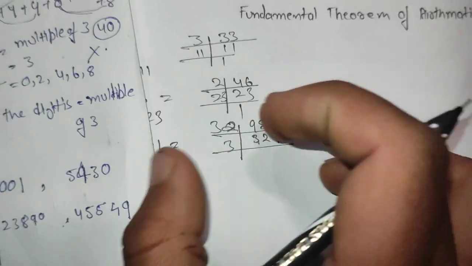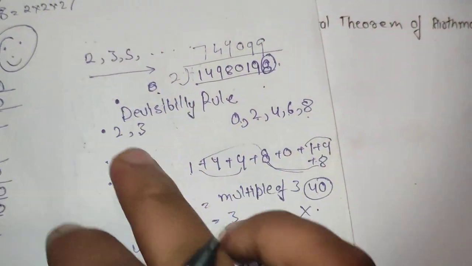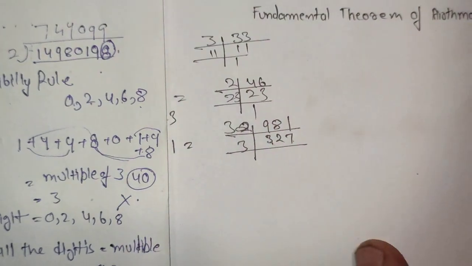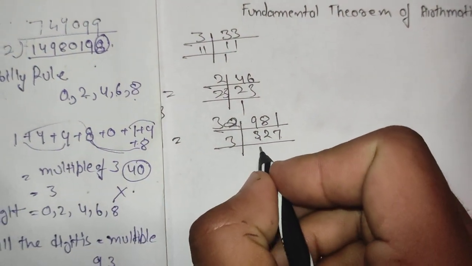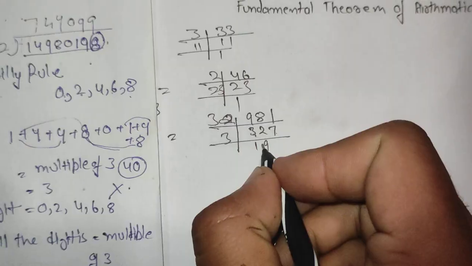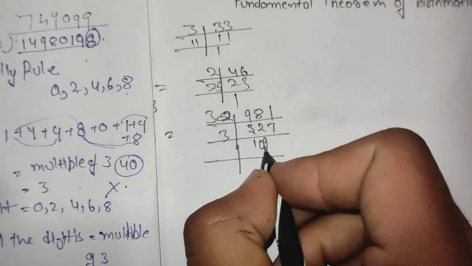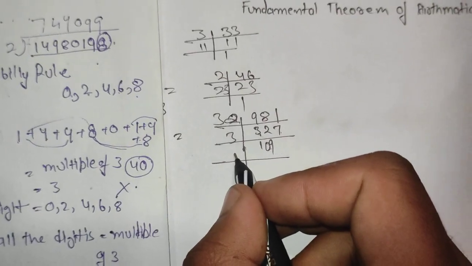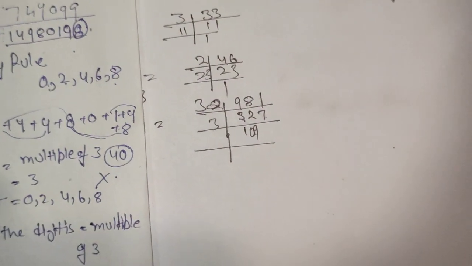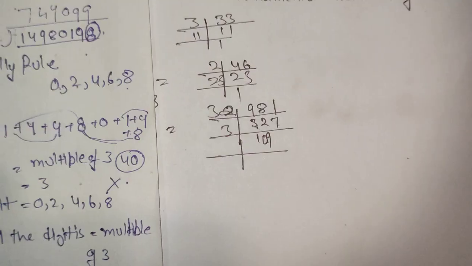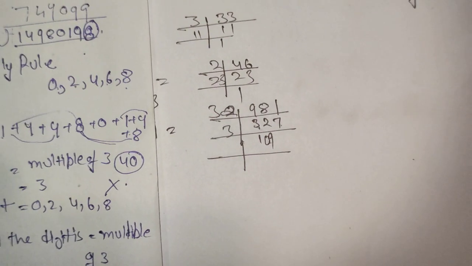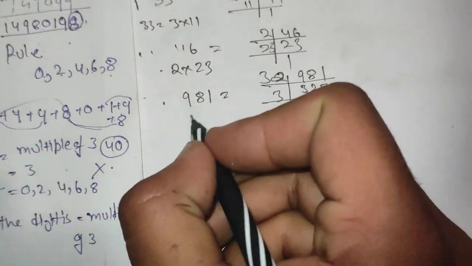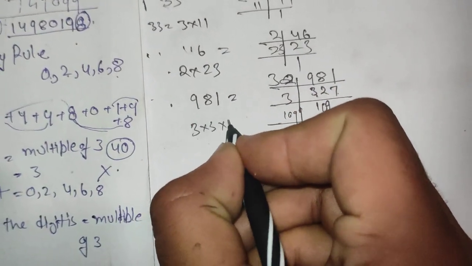That's why I explained the concept of the divisibility rule of 2 and 3, because here we can directly use the number 3. Similarly 3 ones are 3, 3 times 109 is 327, and now this 109 is not divisible by 3, nor by 5, so it becomes 3 times 3 times 109.